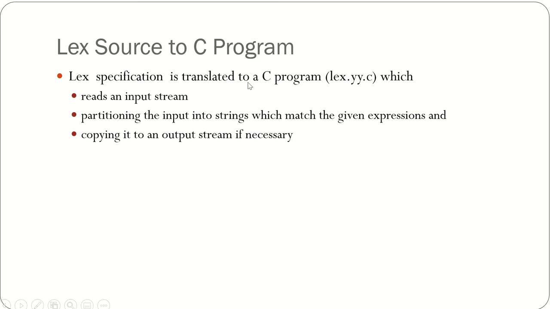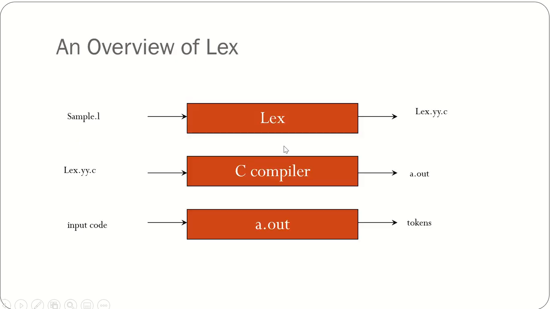Lex specification is translated into C program lex.yy.c, which reads input stream, partitions input into strings which match the given expression and copies it to an output stream if necessary. These are steps for converting specification into C program. As we say, Lex is our lexical analyzer generator or scanner generator, it generates lexical analyzer in the form of C code which can be further compiled and executed.